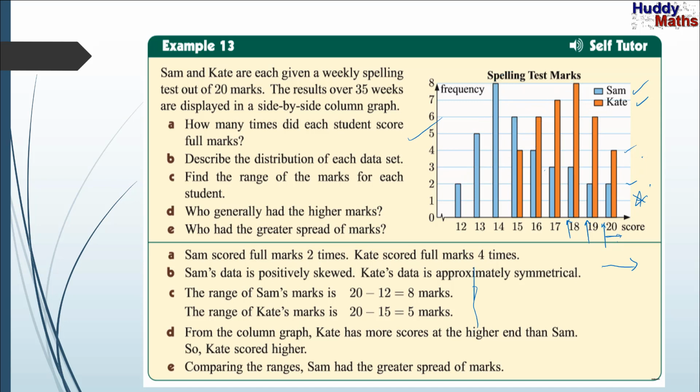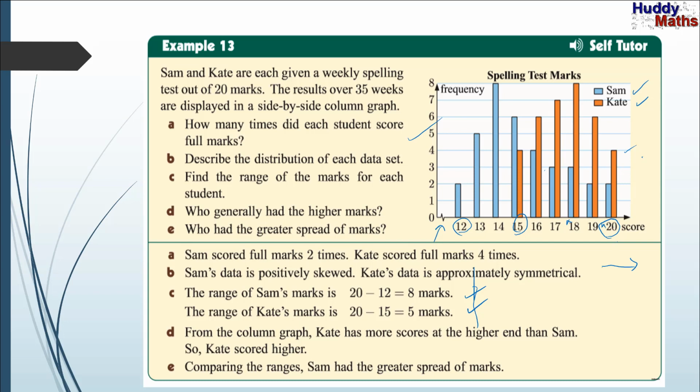It's getting pretty messy over there. So Sam's marks, he did get some 20s, and his lowest was 12. Notice there's a gap there because the big gap between 0 and 12, so we just put a squiggle there. So it's 20 take 12 is 8, and the range of Kate's marks, 20 take 15 is 5.